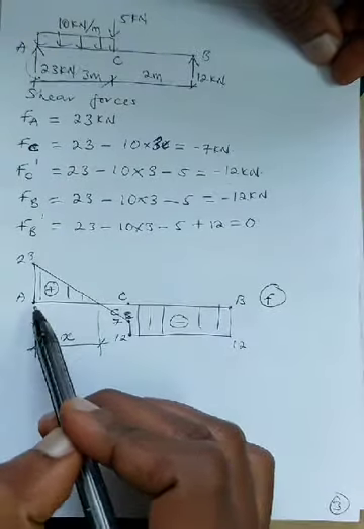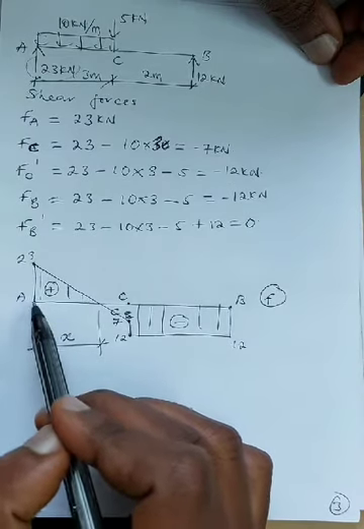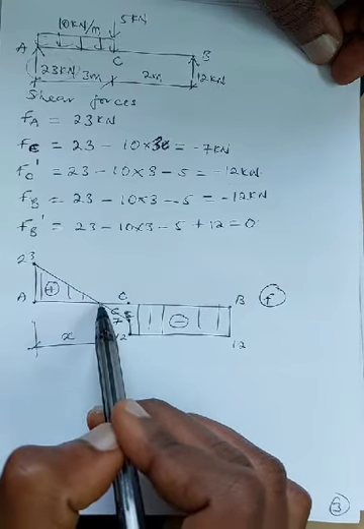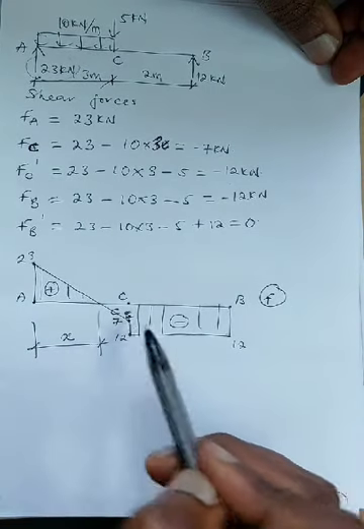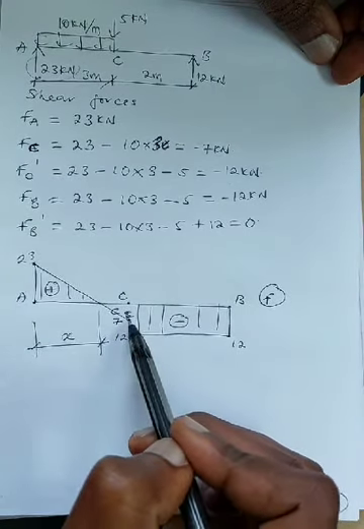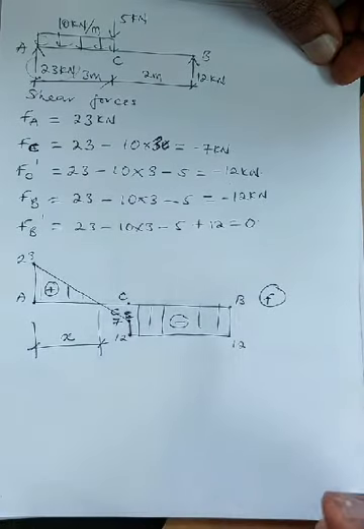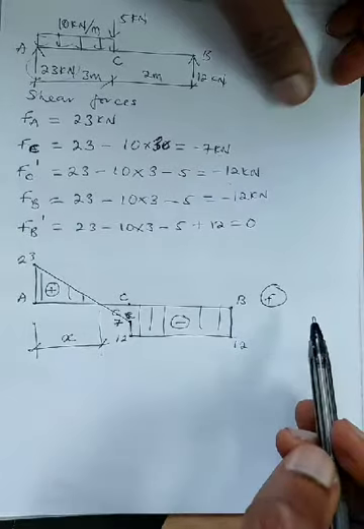The value of our shear force starts from here. Then as you go here, the values are reducing up to a point where it's 0, then it goes negative, it comes to point C, it drops down, then it stays constant up to point B. That is our shear force.